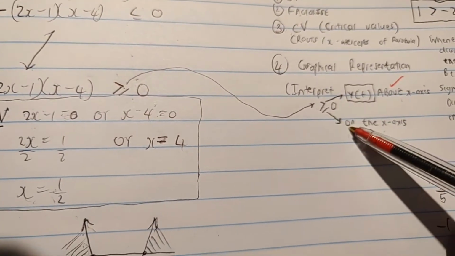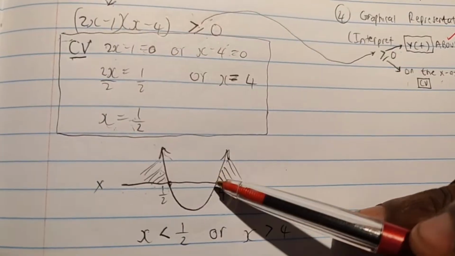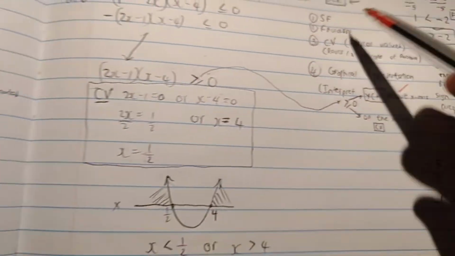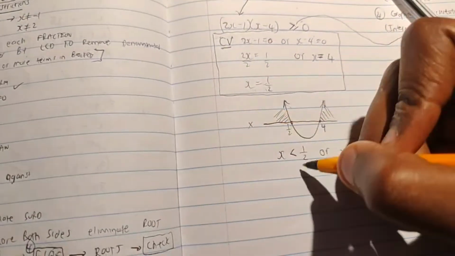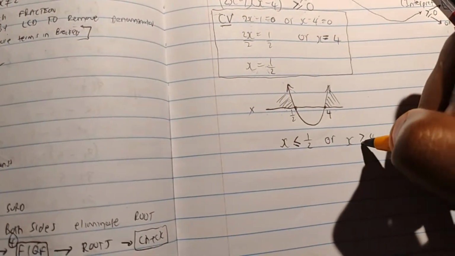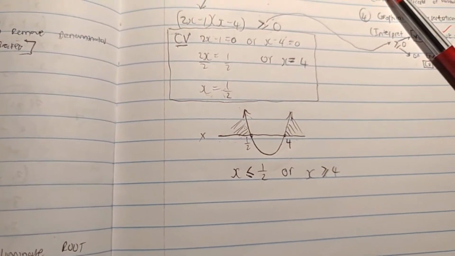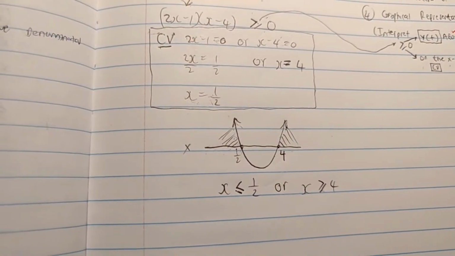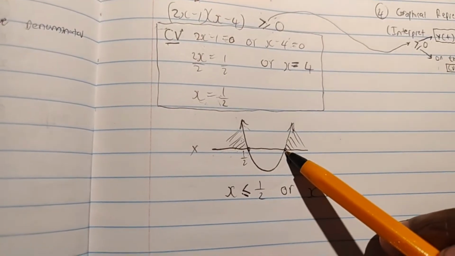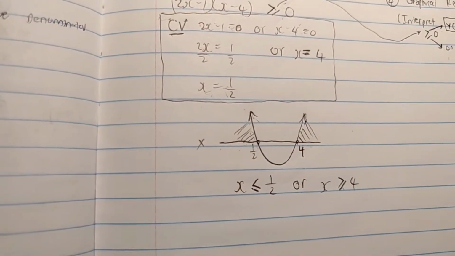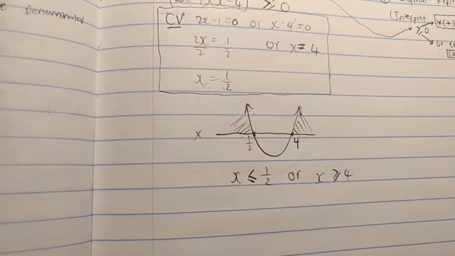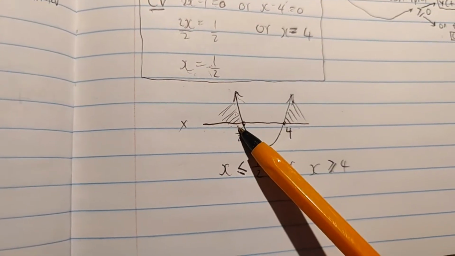What about equal to 0? We said on the x-axis, which means on the critical values. So we are going to add an equal sign underneath each, so that that is also accommodated, because on the x-axis, we are also looking for that as well. Okay, so that is our answer. Please, guys, read properly.